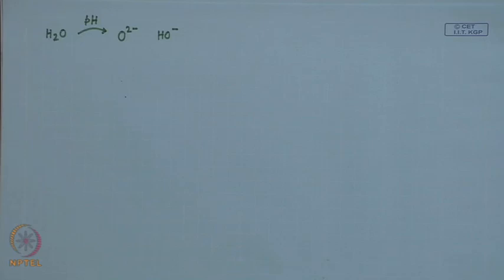So, the pH of the medium will tell you whether you can have sufficient supply of hydroxide groups or oxide groups which can bind your iron centers.